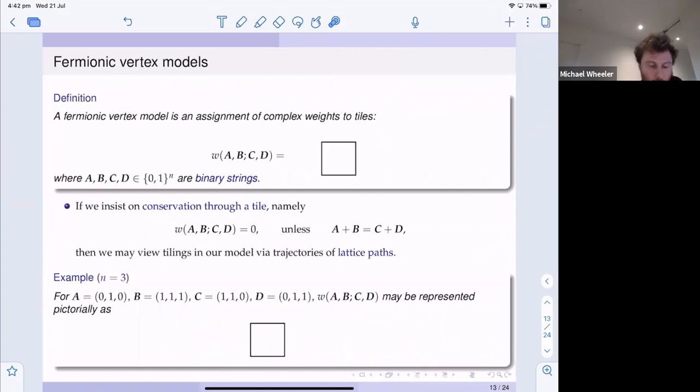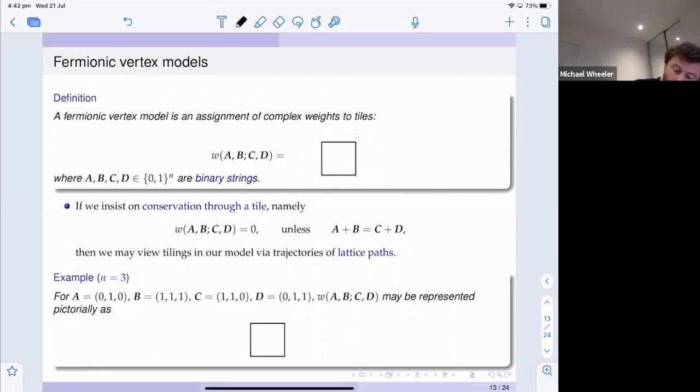Okay. So I want to say something about a class of vertex models that we refer to as fermionic vertex models. I don't know what the level of the audience is in terms of integrable or vertex models or lattice models, so I'll say just some fairly generic things. A fermionic vertex model is an assignment of a complex weight, that's this W here, and it assigns that weight to tiles.